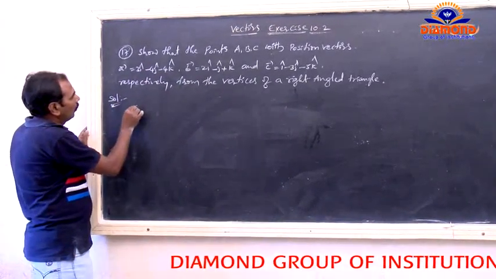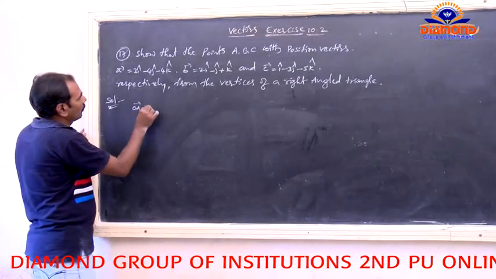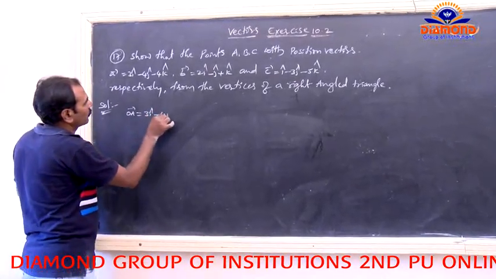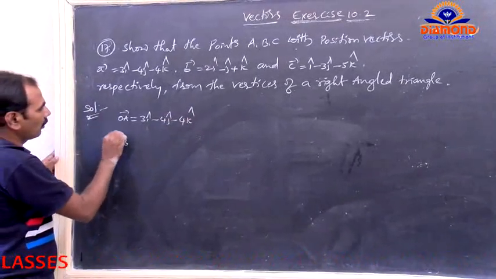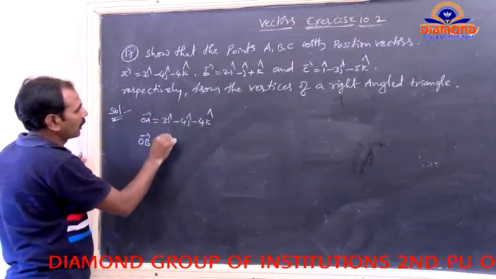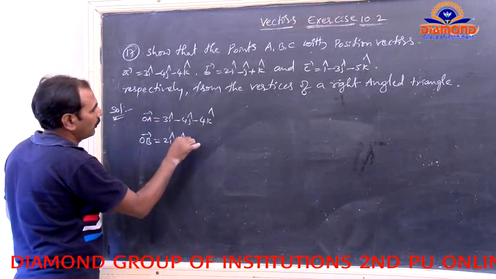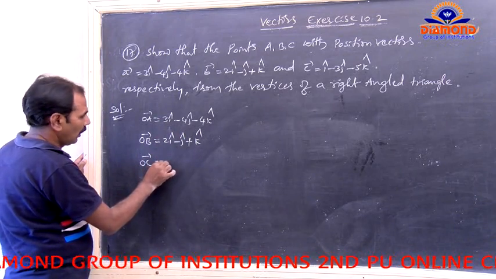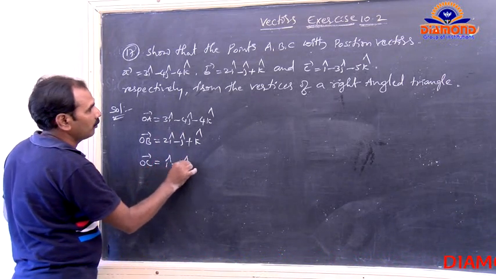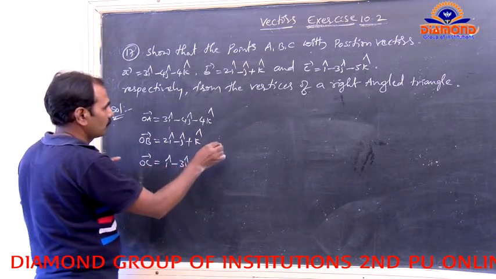OA bar equals 3i cap minus 4j cap minus 4k cap, OB bar equals 2i cap minus j cap plus k cap, and OC bar equals i cap minus 3j cap minus 5k cap.